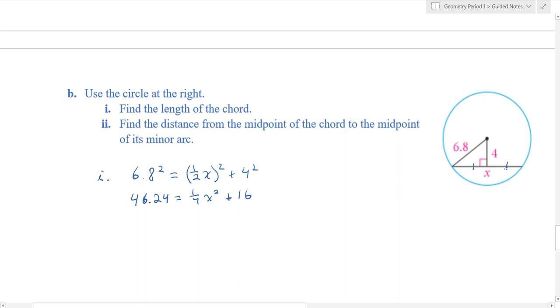So now we move the 16 to each side by subtracting it. So we subtract 16, and we get that 1/4 x squared equals 30.24. Now I want to get rid of that 1/4. The way to get rid of this 1/4 is by multiplying by the denominator of 4. So we multiply both sides by 4.